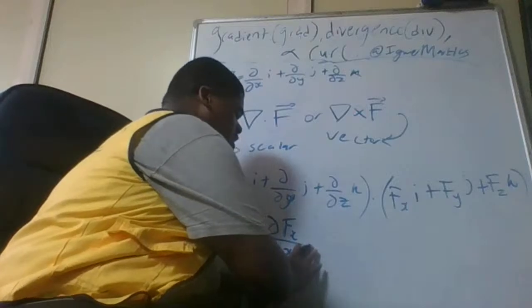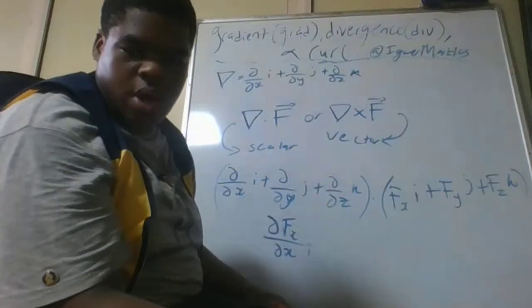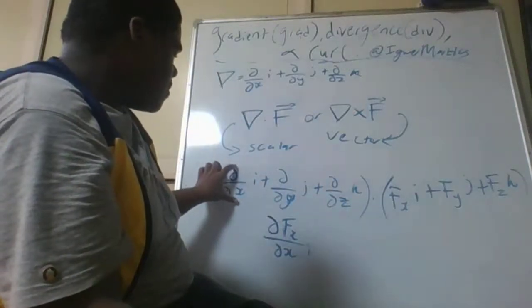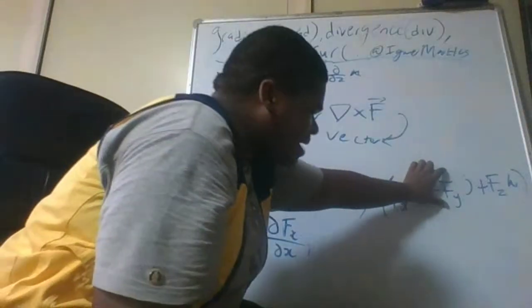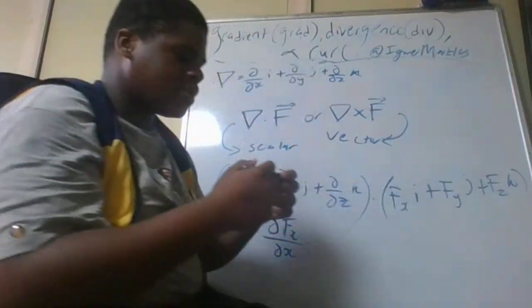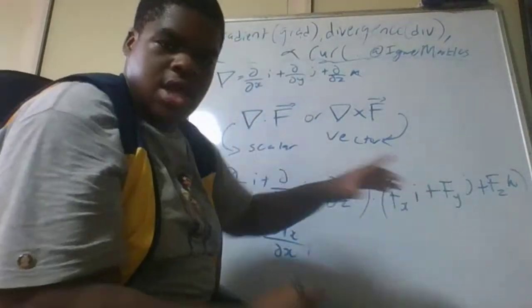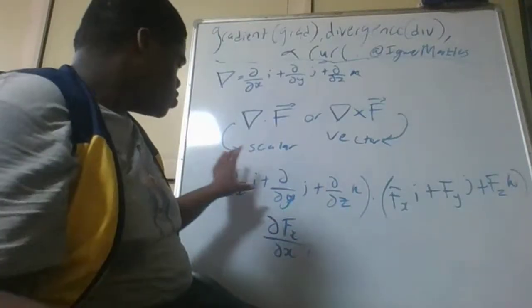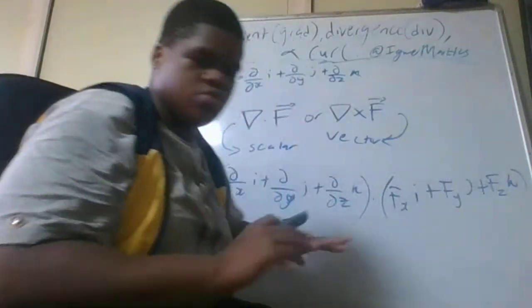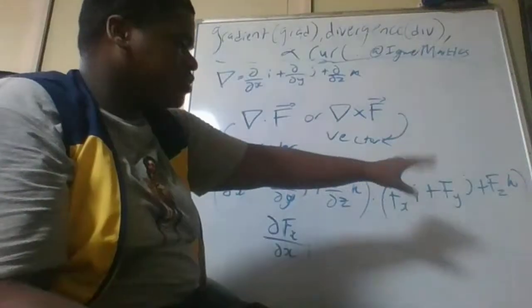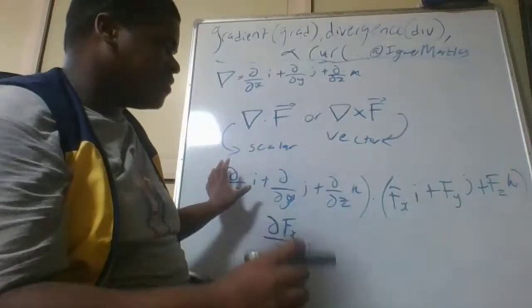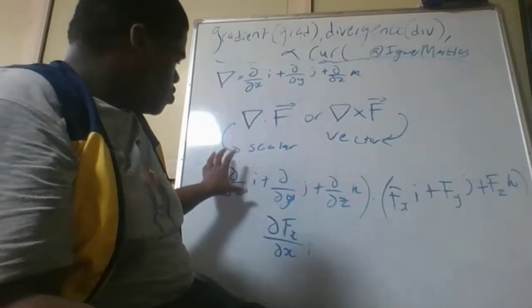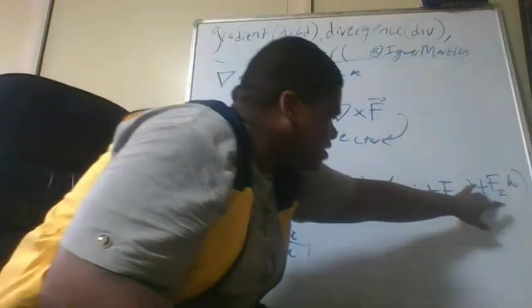Your i's cancel because i dot i is 1. Then partial x i times f of y j: the dot product of i and j is 0. So this times this will be 0. Similarly, i dot k is 0, so this times this will be 0.